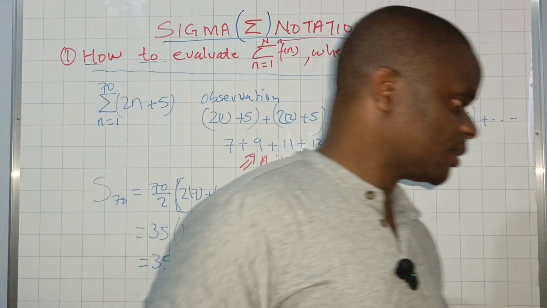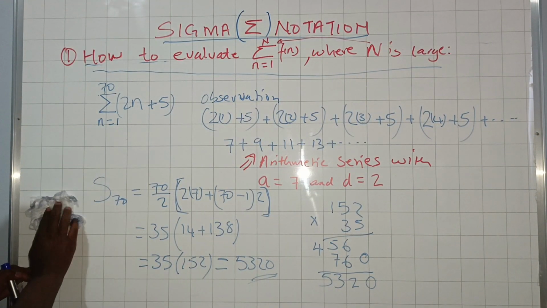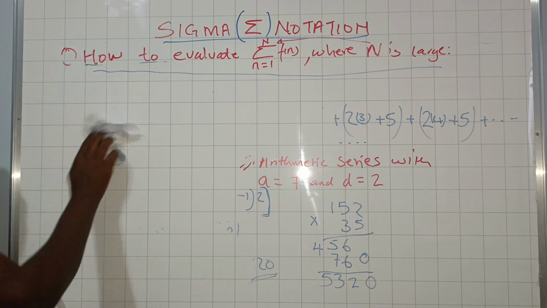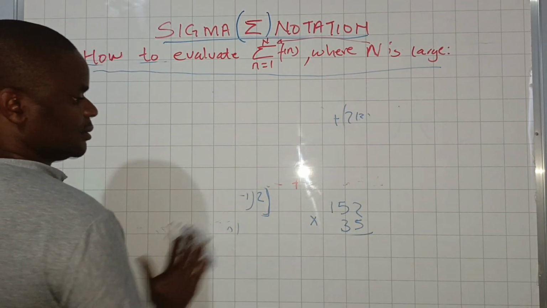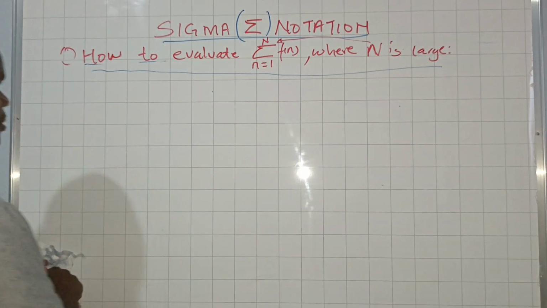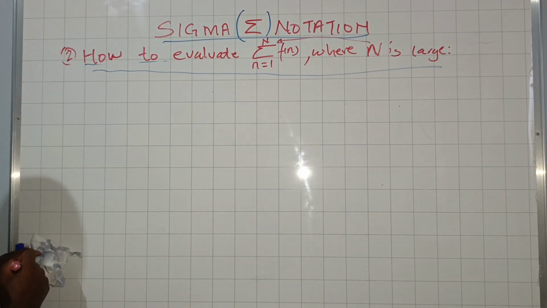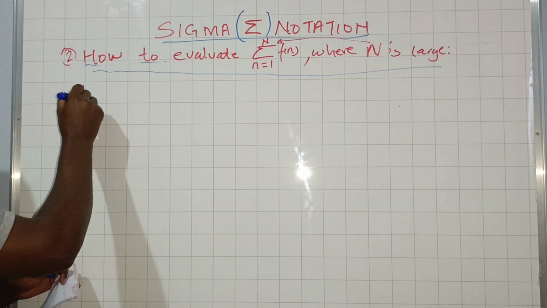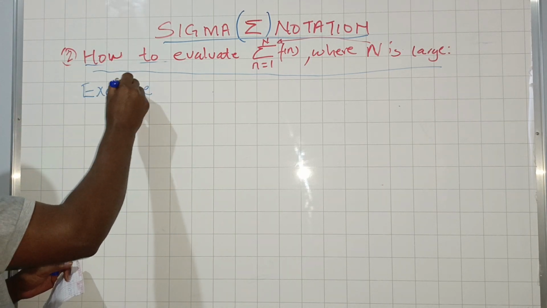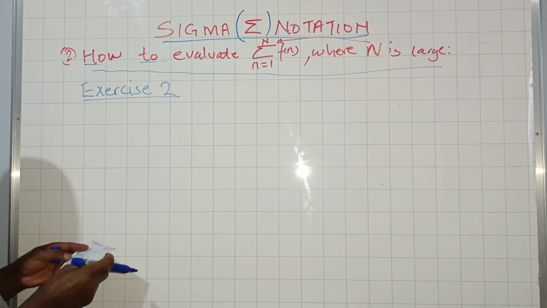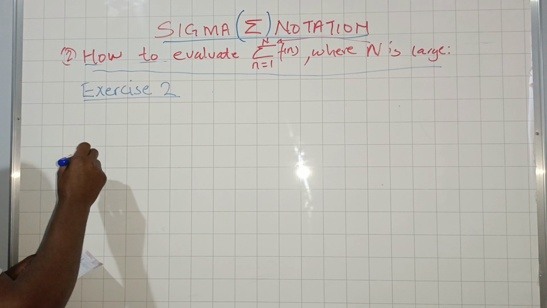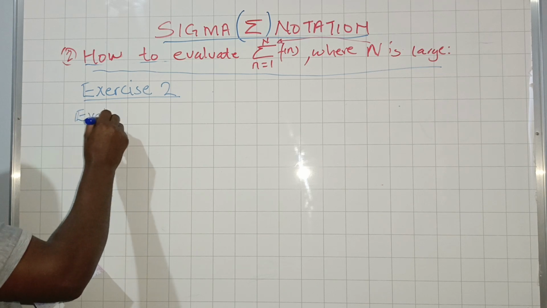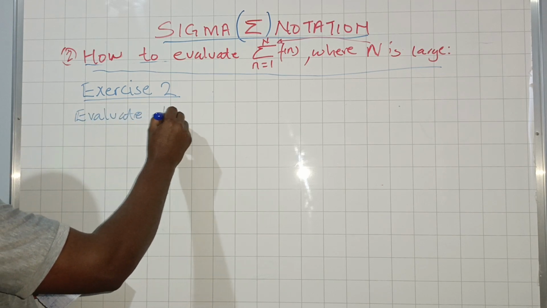All right, it's time now for me to give you some questions. This is going to be exercise 2, and I forgot to change this to a 2. So exercise 2. Evaluate the following.